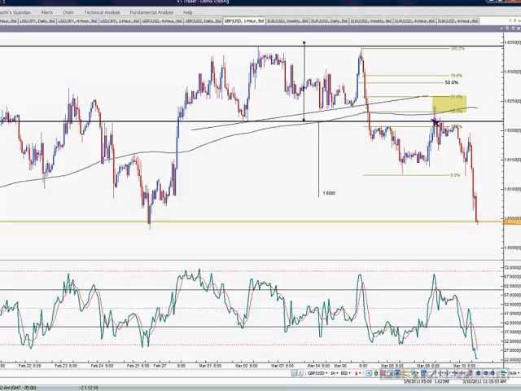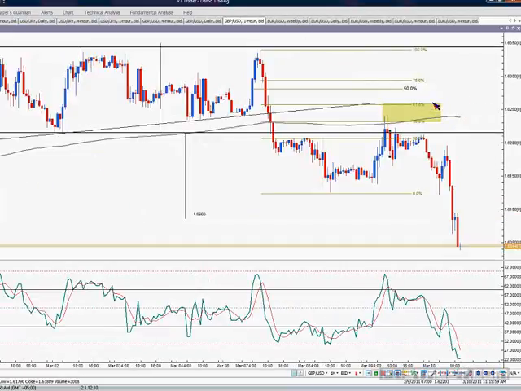What we have here is a pullback that came back up, tested the 200 moving average, 50% retracement, and we had a very strong bearish candle. First of all, we had these wicks or tails, and see here, this is an inverted hanging man, right?